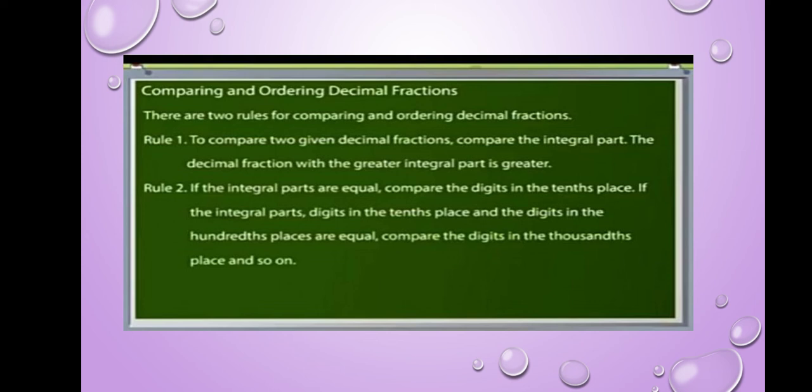Like if we have 13.7 and 12.5, compare the integral part first, and the decimal fraction with the greater integral part will be greater. If the integral parts are equal, then compare the digit in the 10th place, and if the 10th place is also equal, then go for the 100th place as well as the 1000th place, and so on.